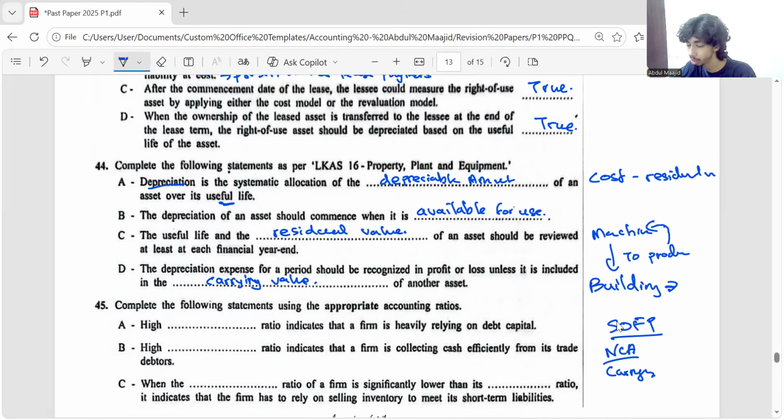We might use that machine to construct another asset. Then the depreciation for that asset will be added to the carrying value of the asset that we constructed using that non-current asset. So that's what it means: the depreciation expense for a period should be recognized in the P&L unless it is included in the carrying value of another asset.